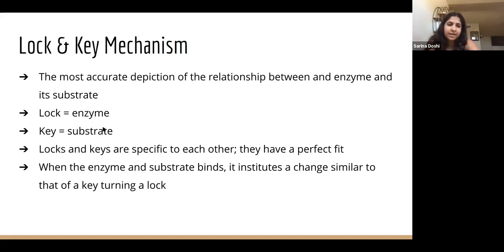So you'll definitely see that. Okay, so when the enzyme and substrate binds, it institutes a change similar to that of a key turning a lock. So just as inserting the key would change the lock structure, inserting a substrate to an enzyme can change the structure as well. Okay.